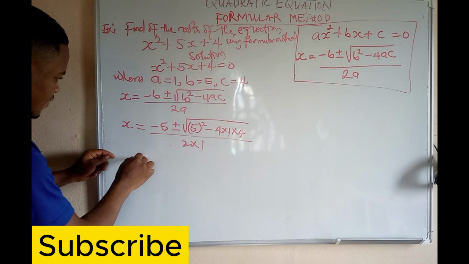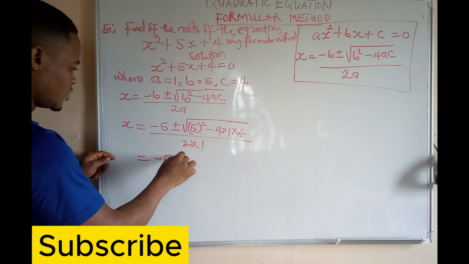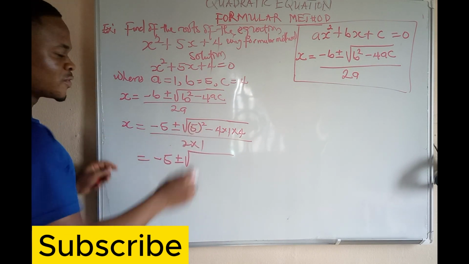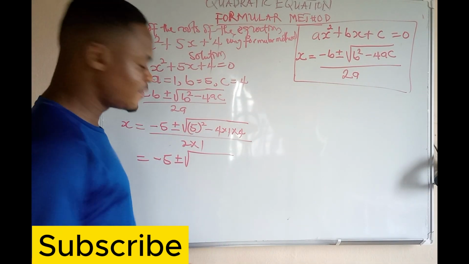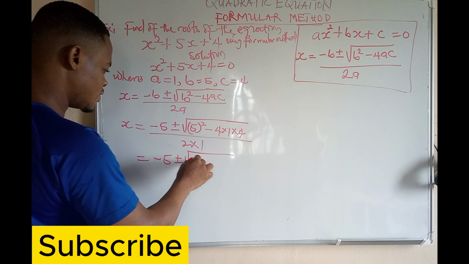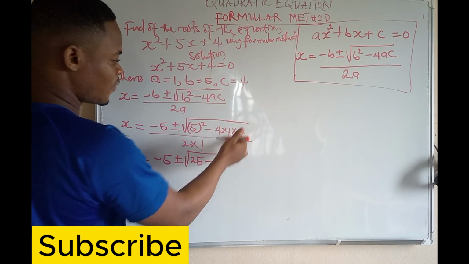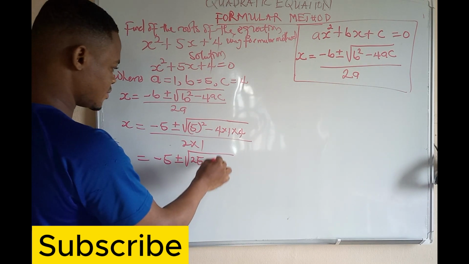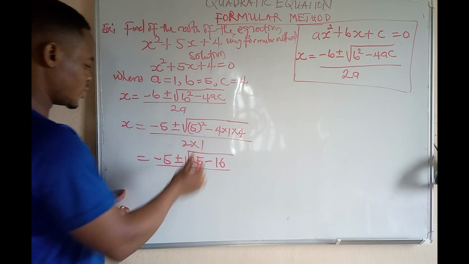This should give us minus 5 plus or minus the square root of 5 squared, which is 5 times 5, and that gives us 25, minus 4 times 1 times 4, which gives us 16, divided by 2 times 1.